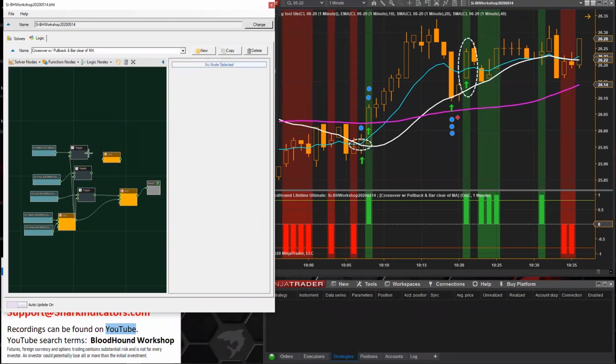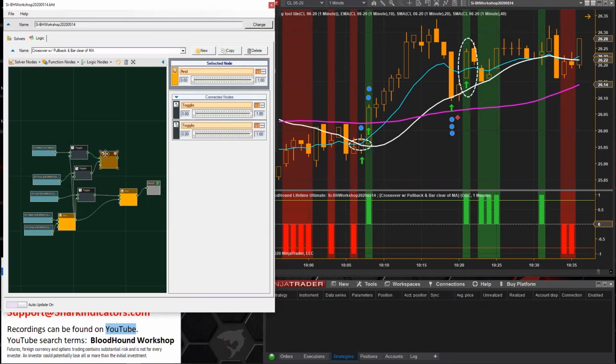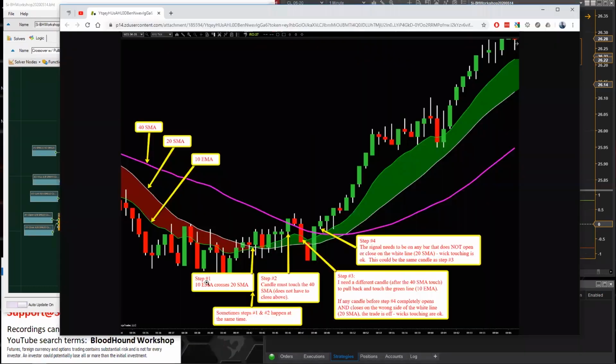So rule 1 and rule 2, they're going to go into their own AND node, right? So we have step 1, or rule number 1, the crossover, but also step 2, we need the candle touching the 40, but sometimes step 1 and 2 can happen at the same time. But when we're going, step 3 needs to be separated from step 2 and step 1.